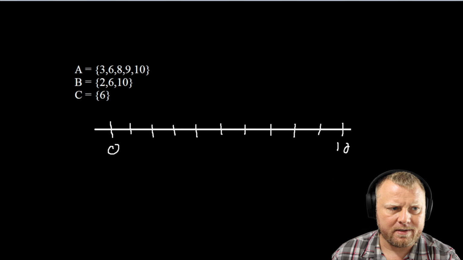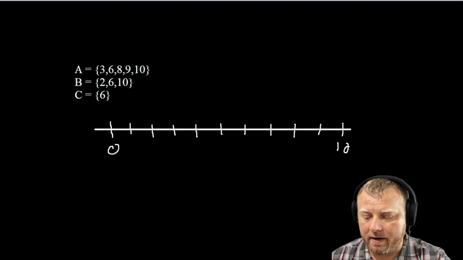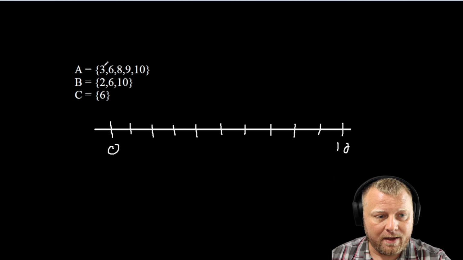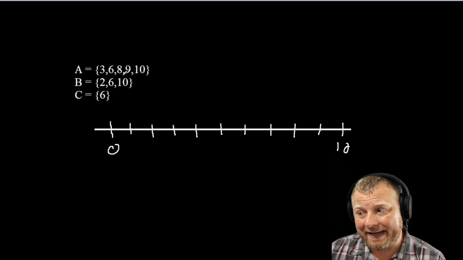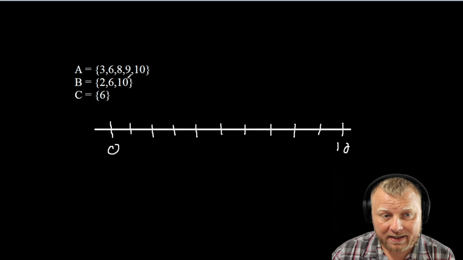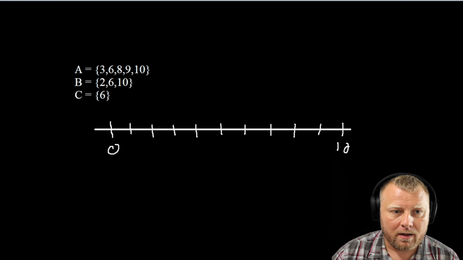Done. Very simple. Okay, so how do we plot these on the number line? Very simple, right? So A is these numbers. A contains a 3. So when it contains a 3, it's just a dot on the number line. So 0, 1, 2, 3. Actually, let me pick a different color here.